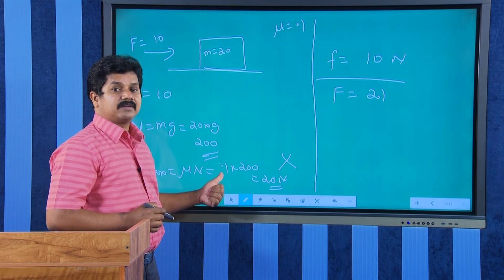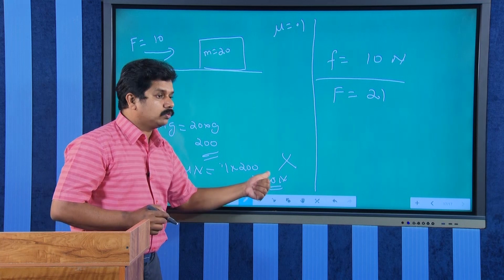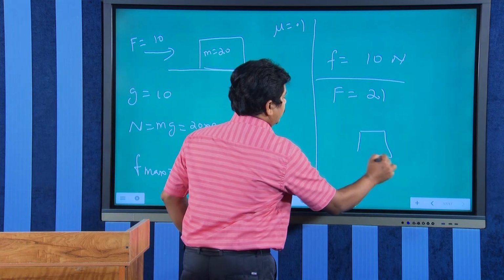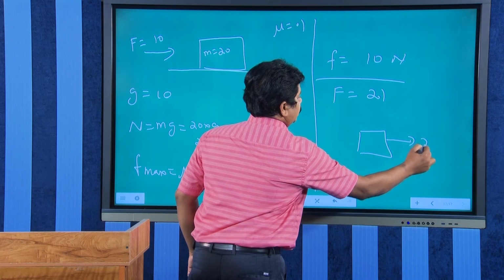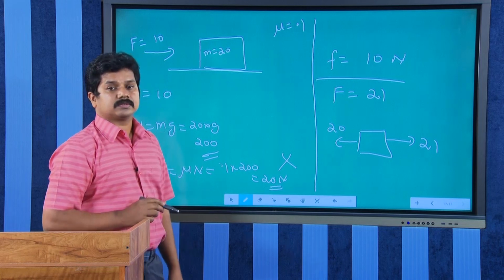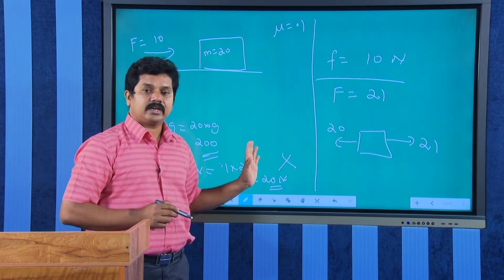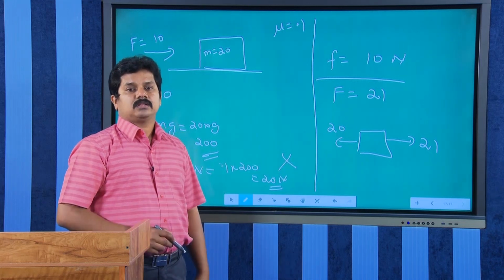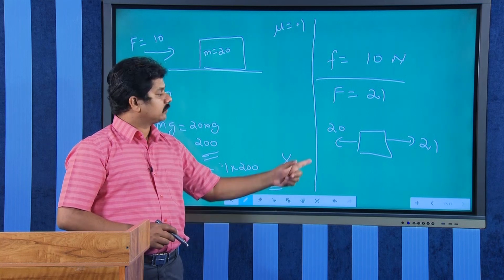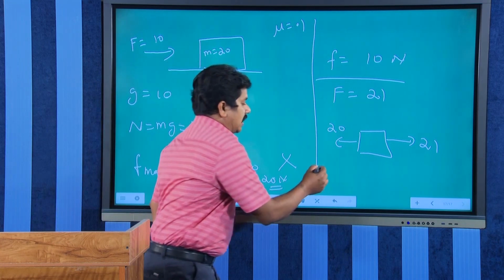Now, the block will start moving, because the friction can go up to 20 Newton only. The free body diagram will be like this, towards right 21, opposite friction 20. Now, there is a net force of 1 Newton towards right. So, the block will move with some acceleration.